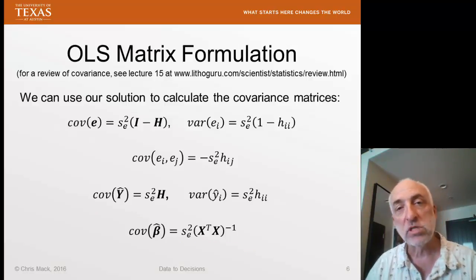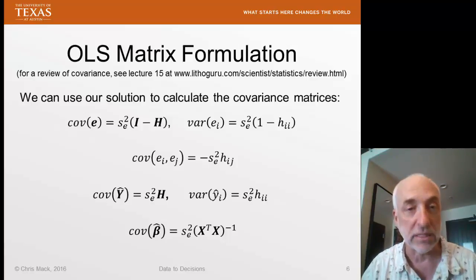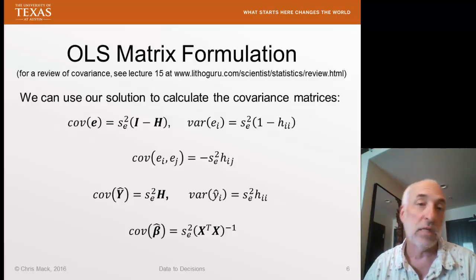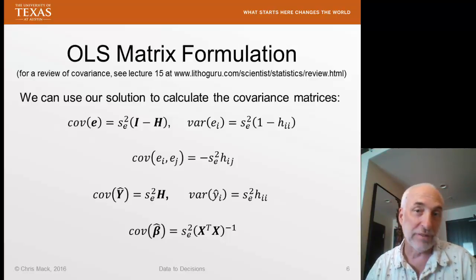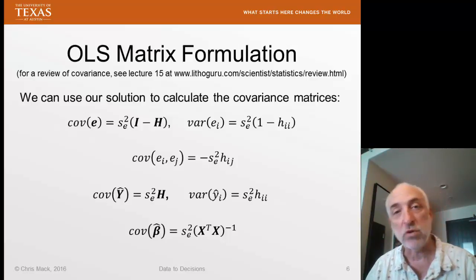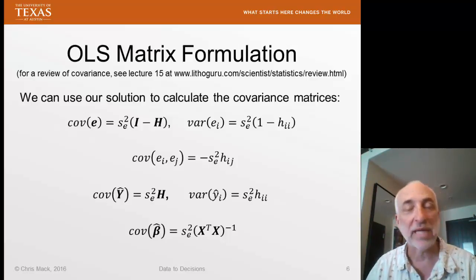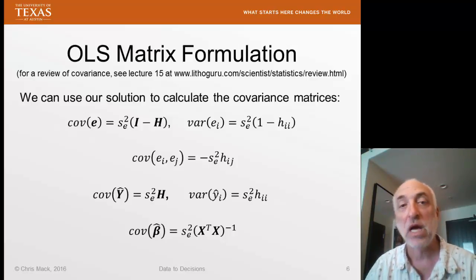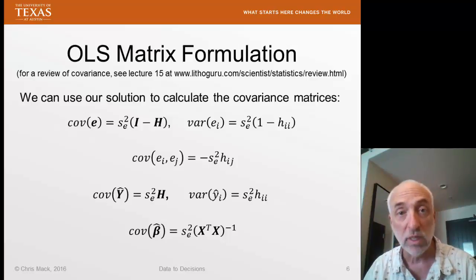But we can also use this matrix formulation to calculate some other important things related to the covariance of the variables. Now, we've talked about covariance in the past. If you're unfamiliar or can't quite remember what the concept of covariance is all about, I recommend you go back to my lecture 15 of my statistics review course.